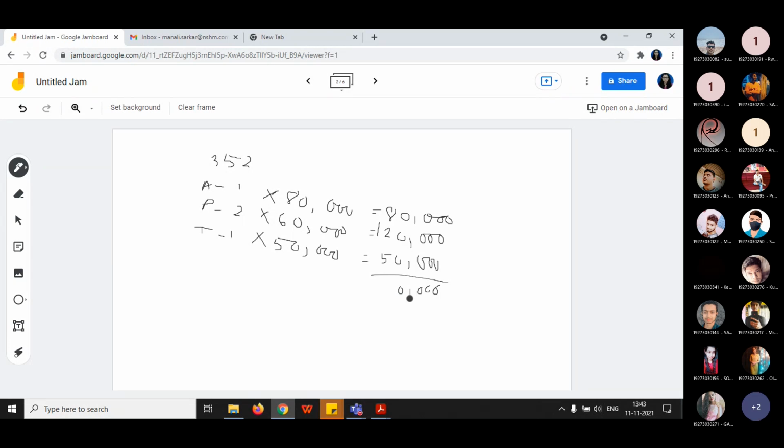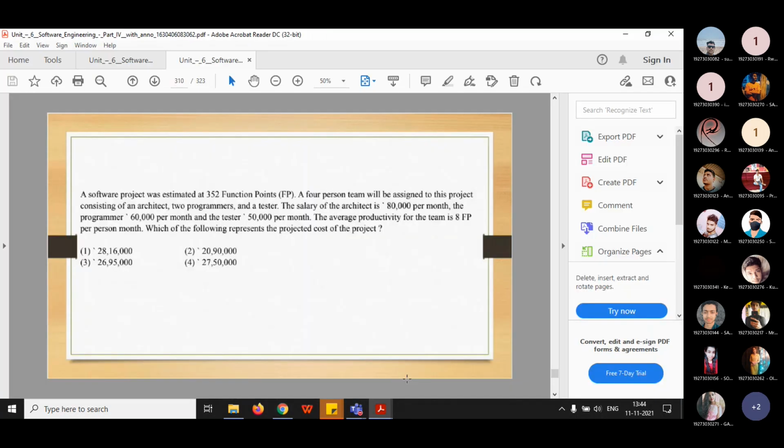So you are getting like this. This is the total monthly cost for these four team members. Now you are given 352 function points, and the average productivity for the team is given as 8 function points per person.